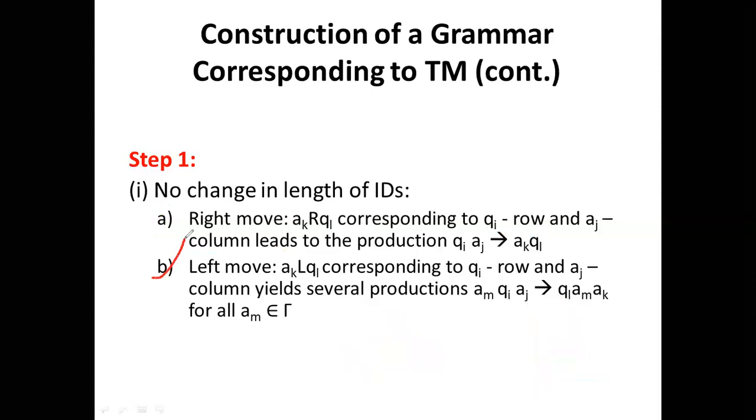Now in the left move, A_k, L, Q_l corresponding to the same Q_i is your row and A_j is your column, and the element within this cell is A_k, the left move L, and Q_l. So Q_i is pointing to A_j.